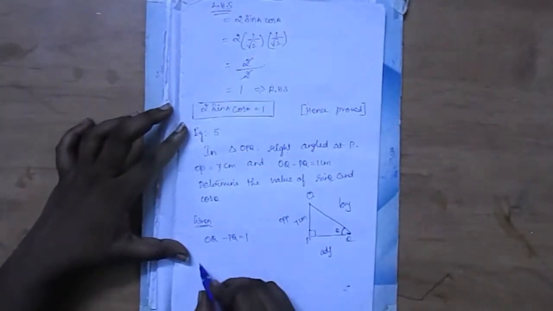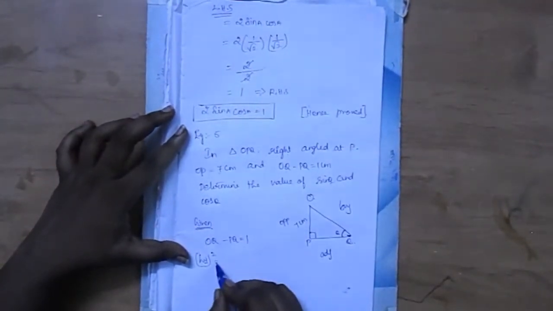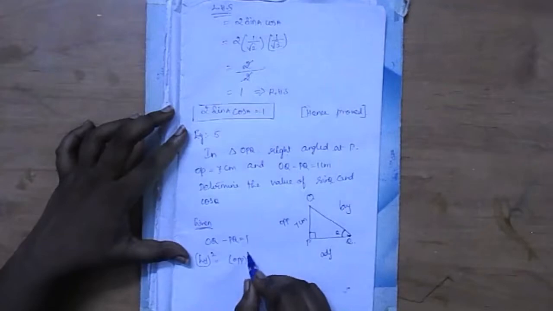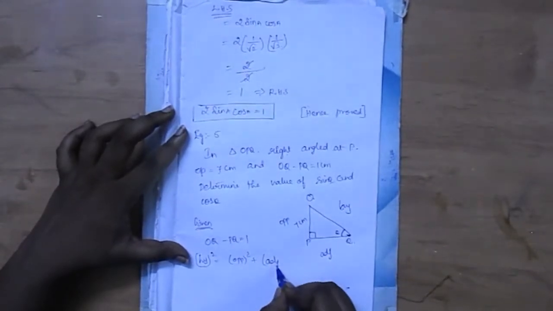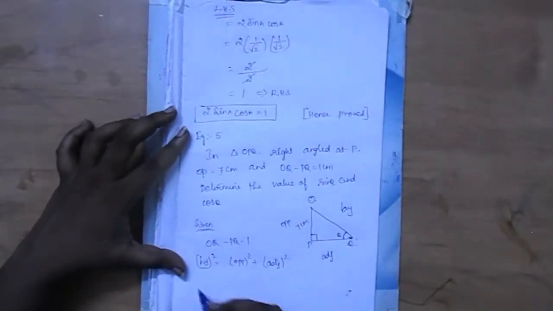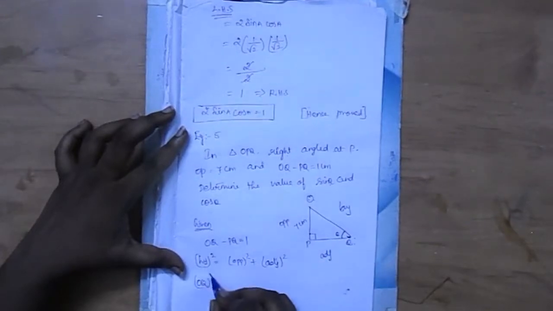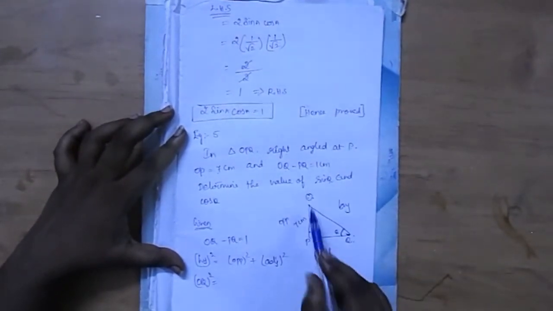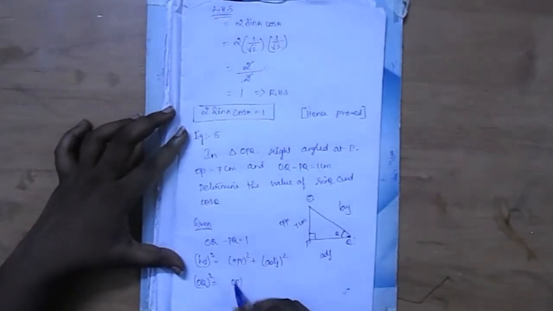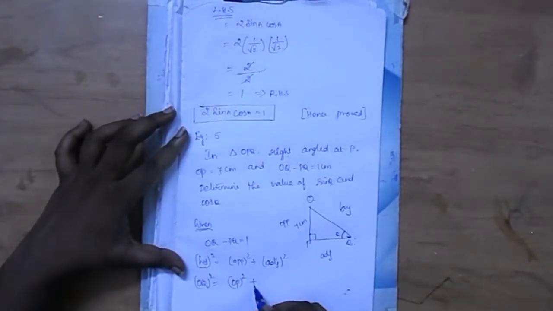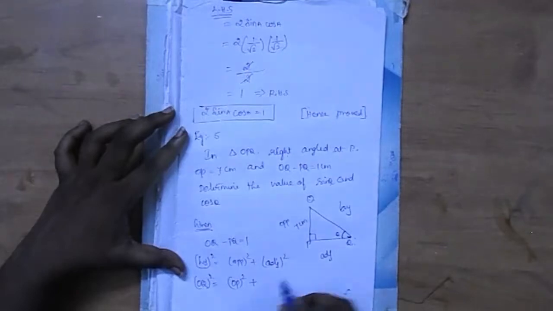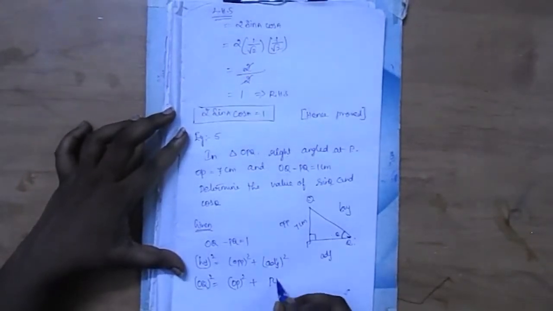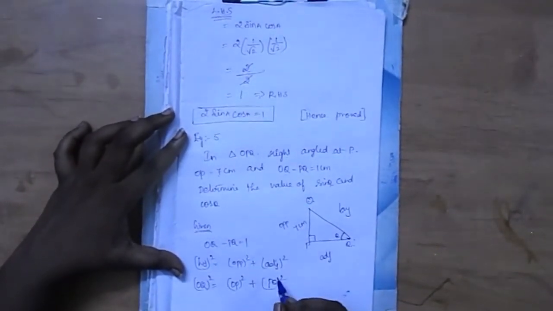Next, we know that hypotenuse square equal to opposite square plus adjacent square, where the hypotenuse side is OQ. So, OQ the whole square equal to opposite side OP square plus adjacent value PQ square.